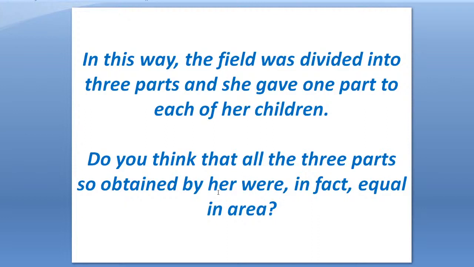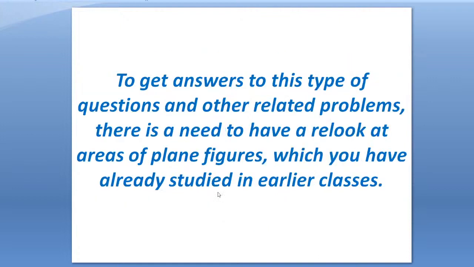Okay, so do you think that all the three parts so obtained by her are in fact equal in area? To get answers to this type of questions and other related problems, there is a need to have a relook at areas of plane figures which you have already studied in earlier classes.